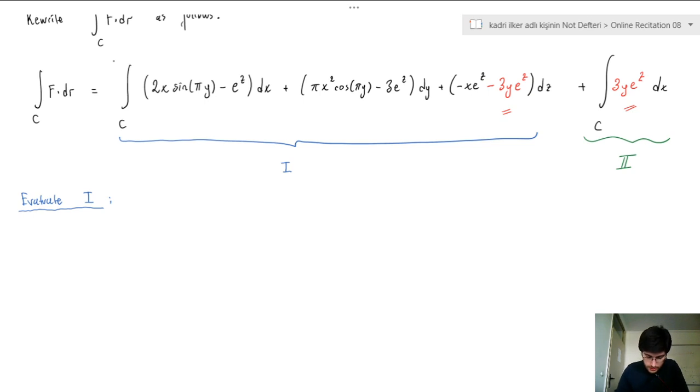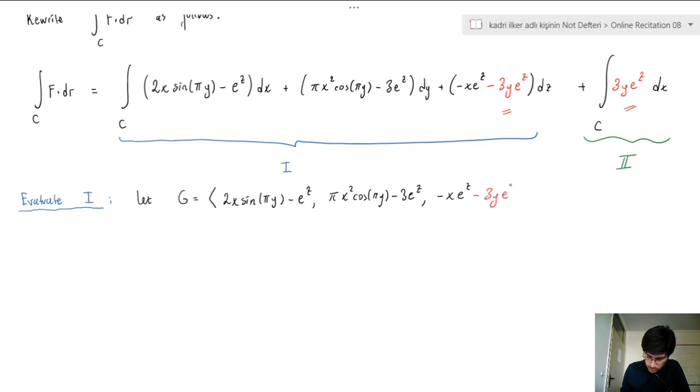Actually, we have a vector field here. Let us define a new vector field, which is G. It has exactly the same components as F, but with some modification, with some extra term. So these are all the same. Remember, this is almost the original vector field F, but here we have this extra term.